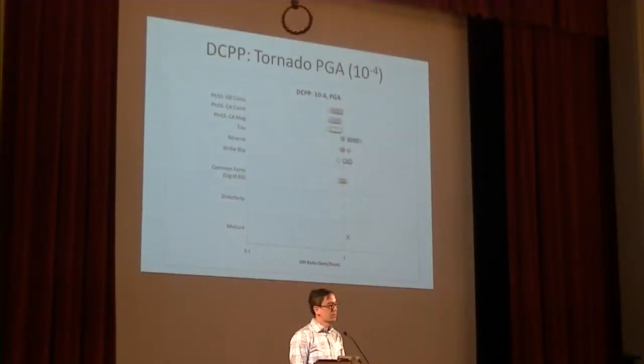Ken? Yeah, so the common form was done only for strike slip. Correct. So that can be compared with the strike slip case. Correct. Right. So wasn't the idea of picking those 9 common forms to get a wider distribution on the median as opposed to the existing models?